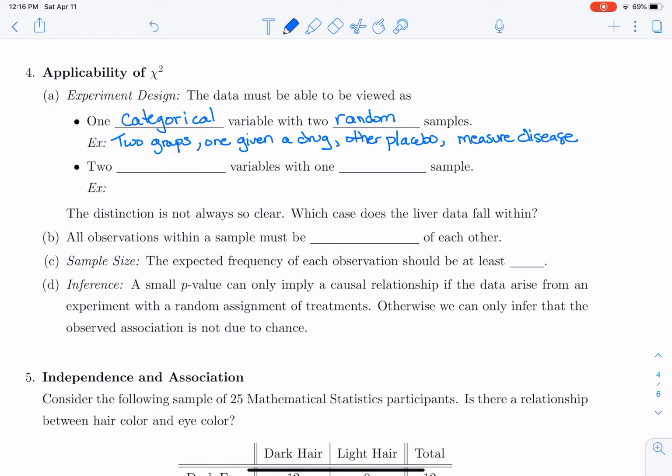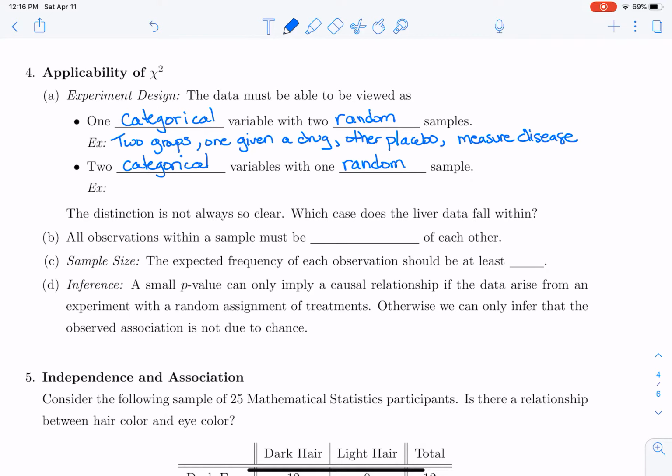You can view this using a 2x2 contingency table. You have the drug group and the control or placebo group, and either the disease condition is improving or it is not. Then you can do a chi-square test. Or you can have two categorical variables with one random sample.